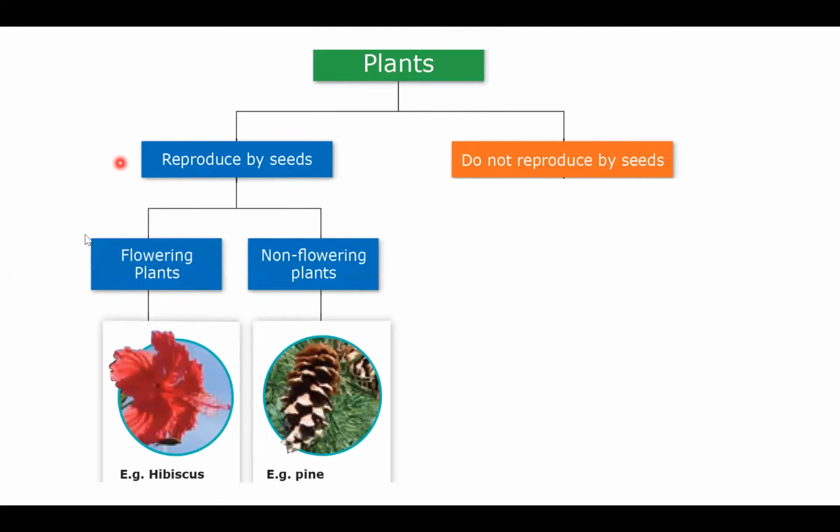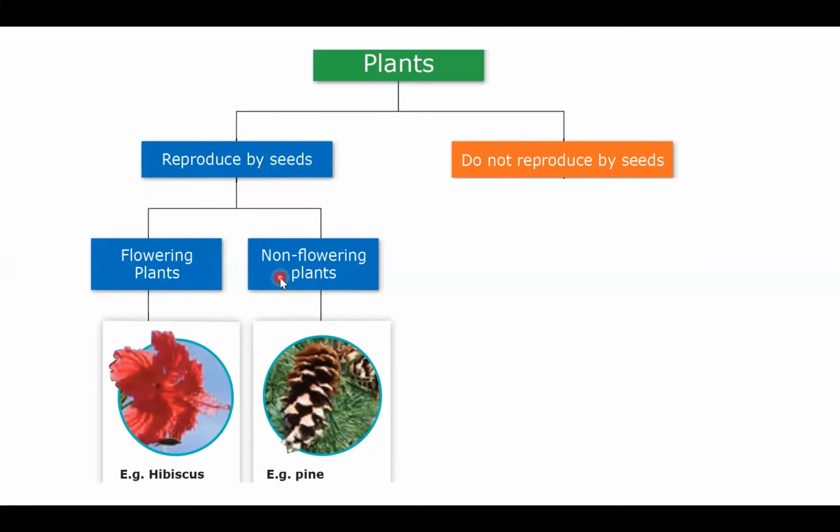These are flowering plants and non-flowering plants. Flowering plants means tumbuh-tumbuhan yang ada bunga, and non-flowering plants means tumbuh-tumbuhan yang tiada bunga. An example of a flowering plant is the hibiscus plant, and an example of a non-flowering plant is the pine tree.